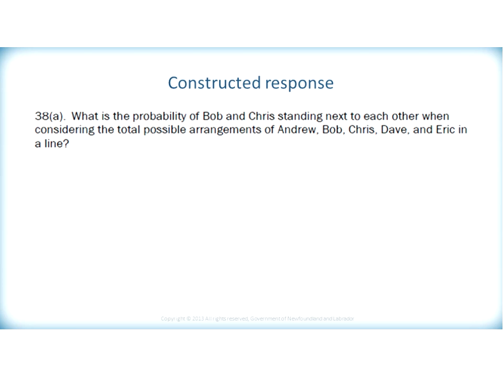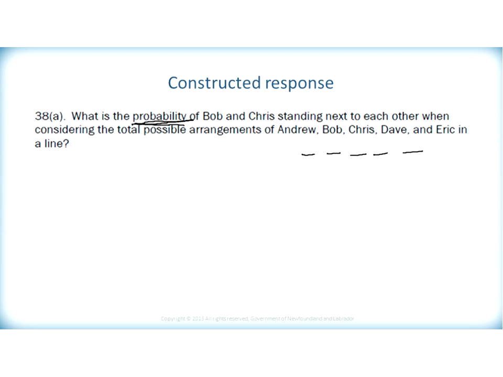Looking at a constructed response item, we have the probability of Bob and Chris standing next to each other when considering the total possible arrangements of Andrew, Bob, Chris, Dave, and Eric in a line. So we have the 5 guys stood in a line. Remember, we're asked for the probability.